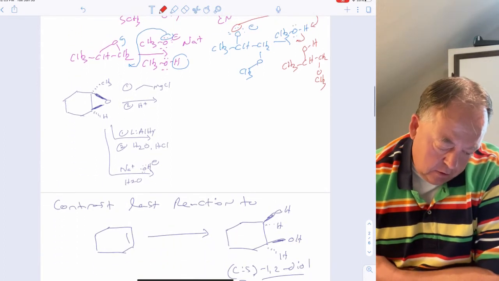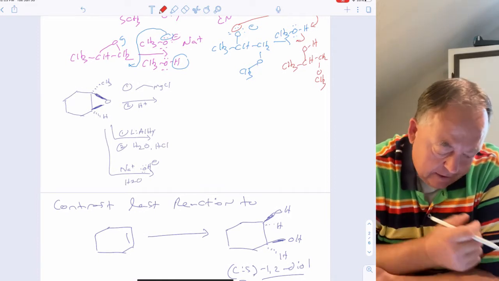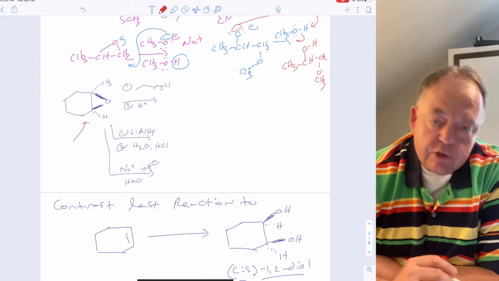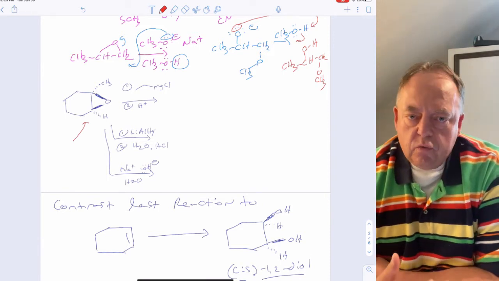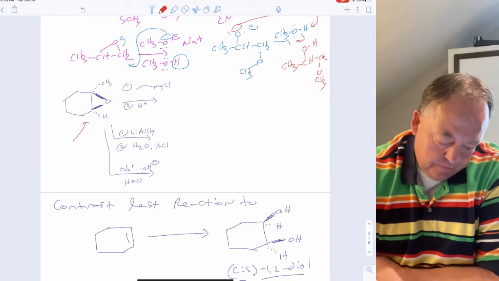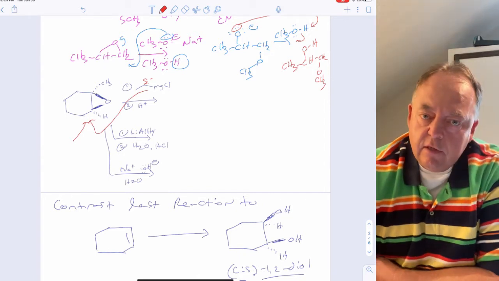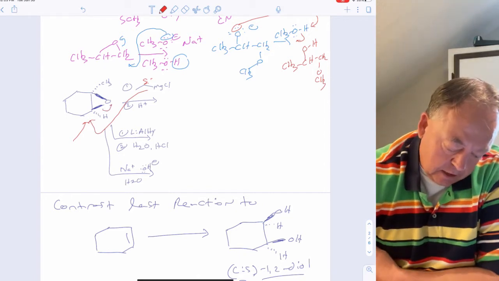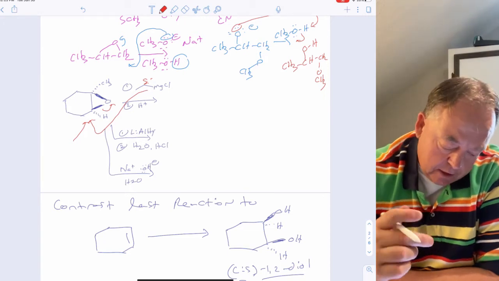Okay, so if we took some other examples that introduces another level of complexity, well, what if you have stereochemistry in the molecule? So if you remember how SN2 reactions work, you get inversion of stereochemistry. So this carbon that's partial negative would have to attack from opposite of the leaving group. The leaving group in this case is the epoxide, so to open that carbon-oxygen bond up.